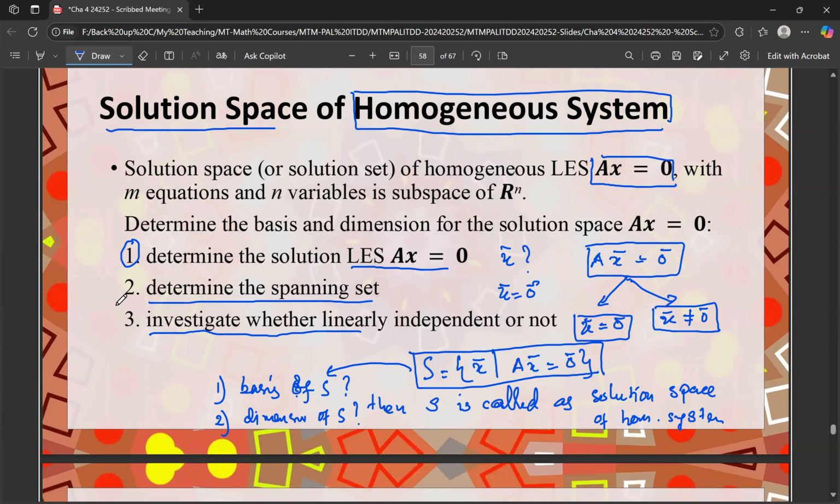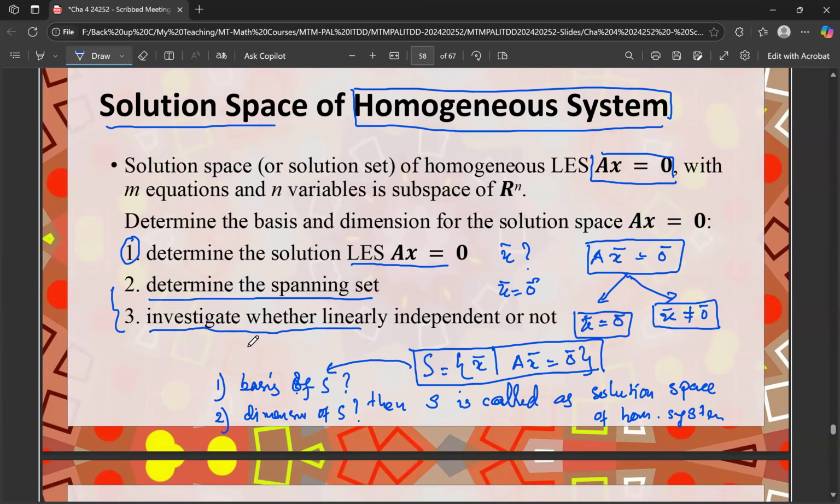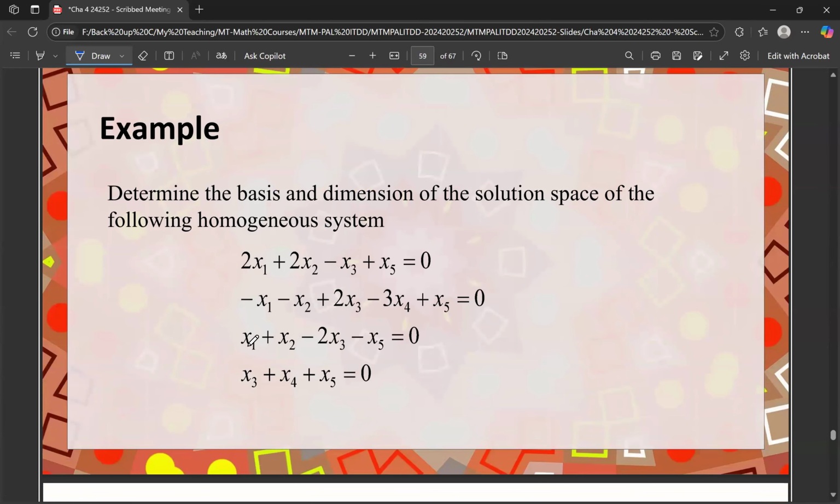Kalau dua ini terpenuhi, maka kita tahu basisnya. Okay, so this is the step how to know the basis and how to determine the dimension of solution space.